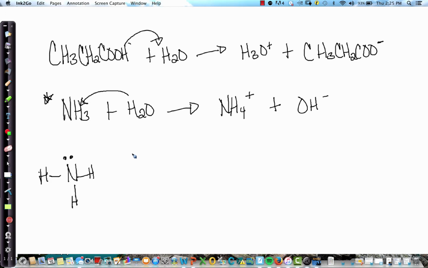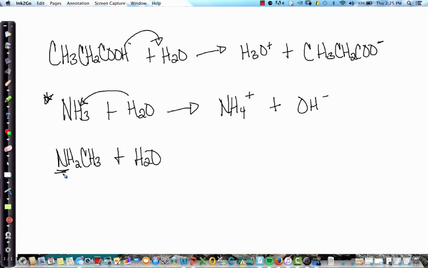Let's look at methylamine. Methylamine is another popular one. Methylamine is NH2CH3. So we're going to add that to water. And this is a base. You can tell because it says amine in the name. And also you've got that nitrogen atom right there. So that means that the hydrogen can get added to this nitrogen right here.